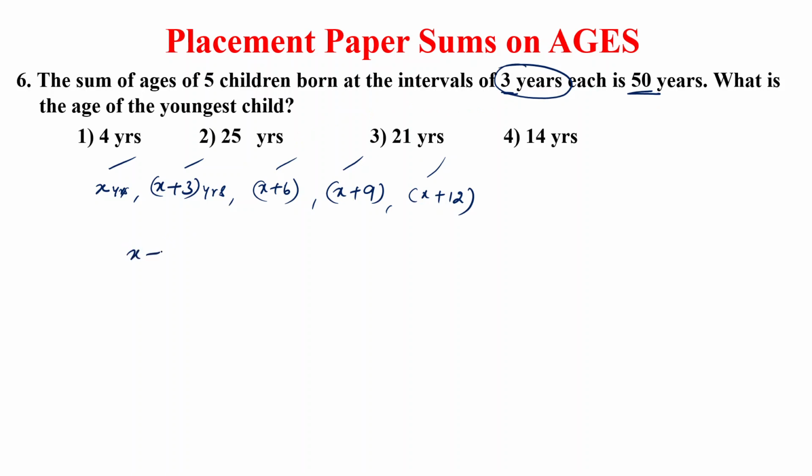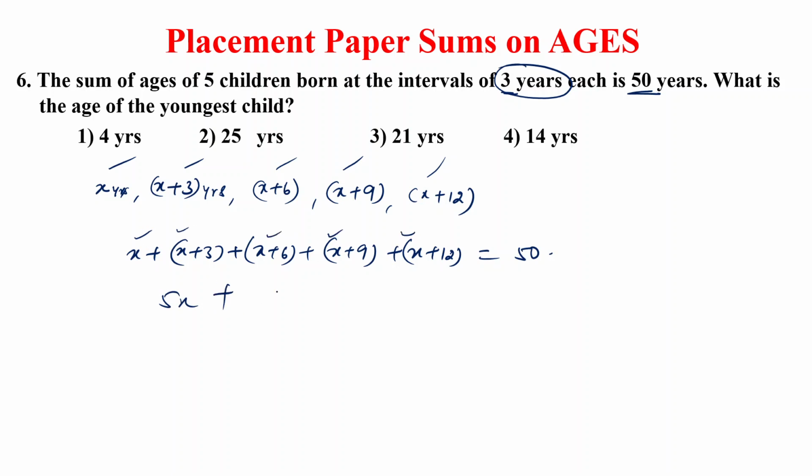That means x plus (x plus 3) plus (x plus 6) plus (x plus 9) plus (x plus 12) is equal to 50. Adding, we get 5x, plus 12 plus 3 is 15 and 9 plus 6 is 15, so 30, equals 50.